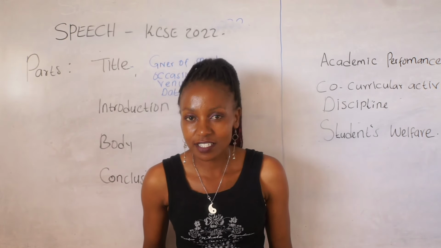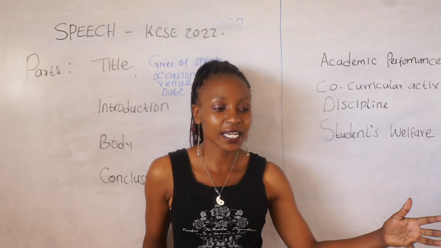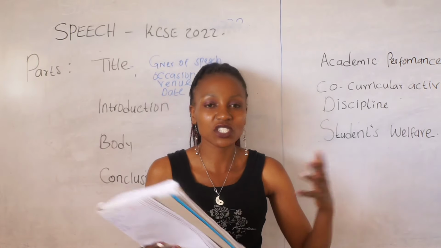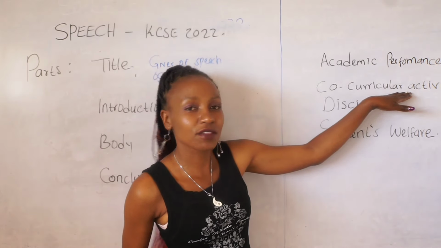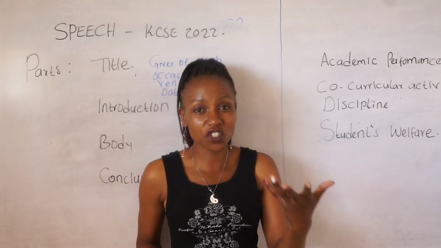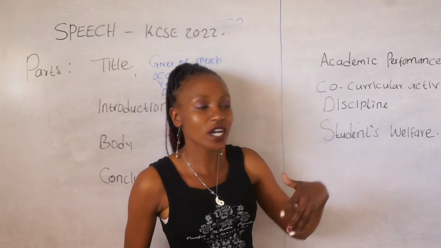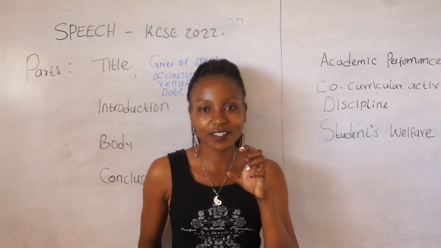Co-curricular activities, what are they? Something like games, something like clubs, something like societies, music. You can talk about it at this point. If there is any great achievement like a competition and your school won trophies, you can indicate it at this point.